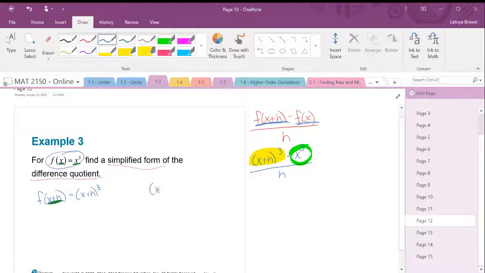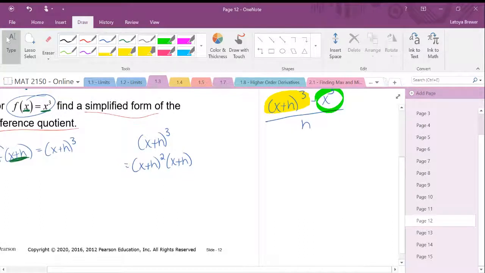Now, a lot of us have trouble remembering, you know, there is a shortcut for multiplying or cubing a binomial, but if you can't remember that, we can break that up and rewrite that x plus h cubed as x plus h squared times x plus h.